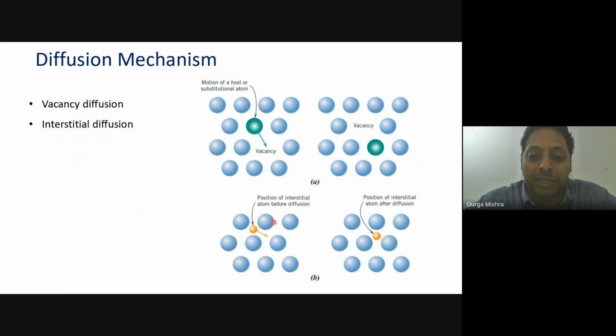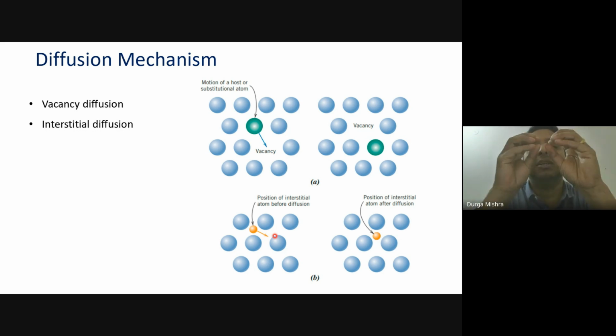So the interstitial diffusion example is like this: I have an interstitial atom, the smaller atom, occupying an interstitial site. Now there can be another interstitial site, and this atom can move easily there. As we discussed, it will be a tetrahedral or octahedral site.